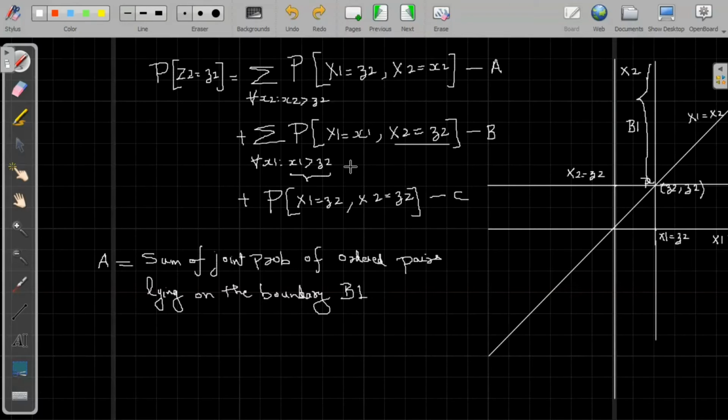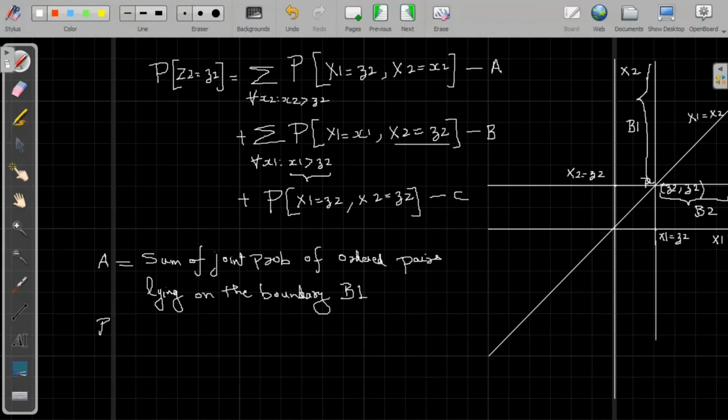So the common region that is satisfying both these conditions is the region that is lying on this x2 is equal to z2 line and to the right of point P. So this boundary that is lying to the right of point P on the x2 is equal to z2 line is the boundary that is satisfying this expression B. So I am writing this boundary as boundary B2.